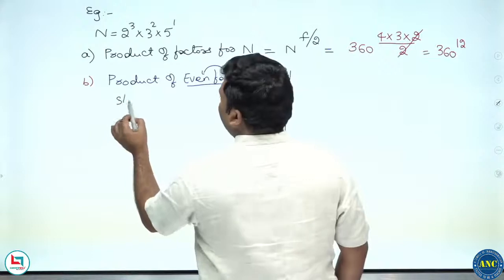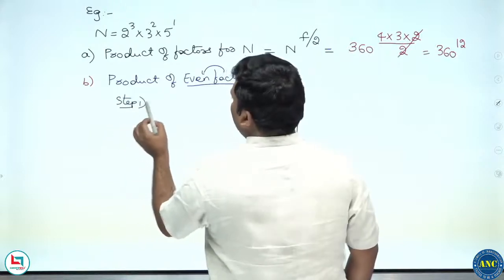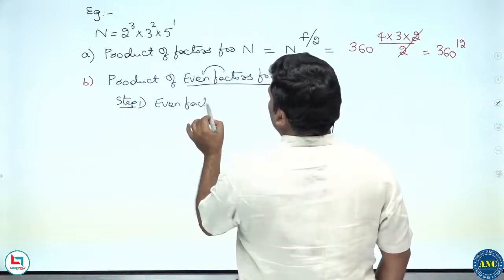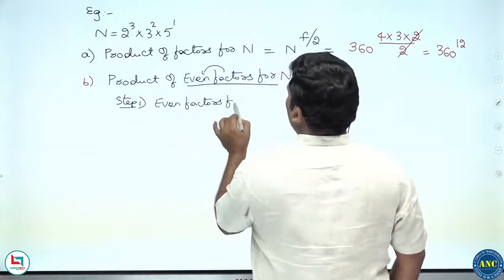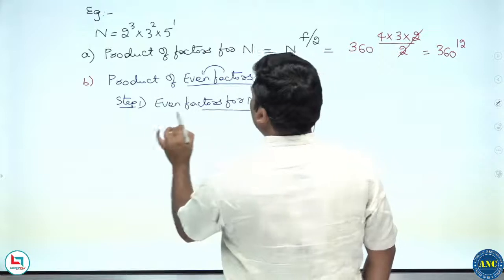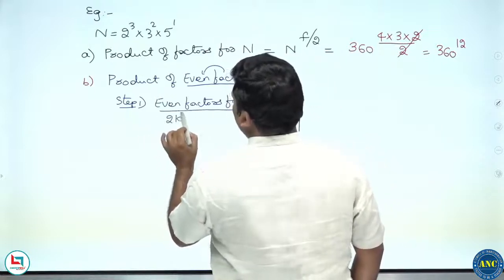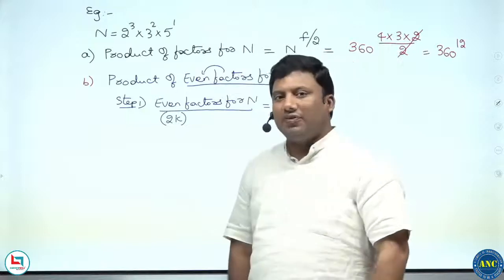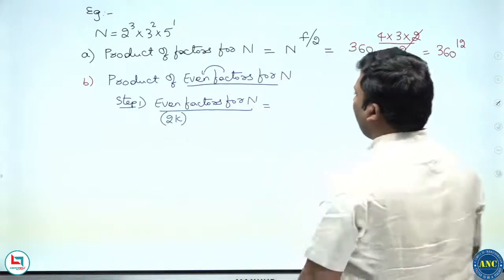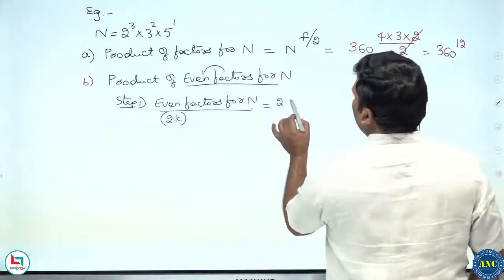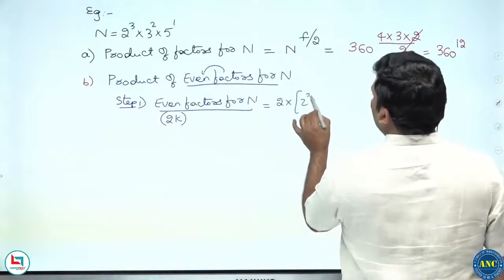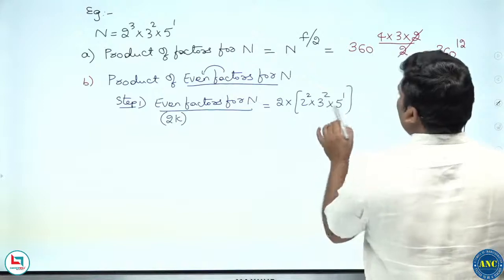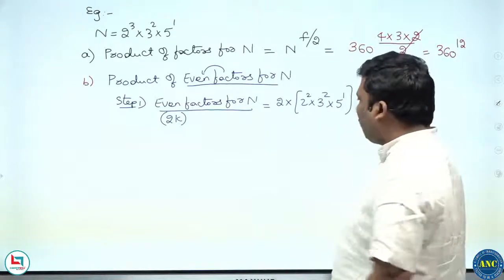Step number 1. Even factors for n. What do you mean by an even factor? A factor which is perfectly divisible by 2. So 2 into, what is remaining? 2 square into 3 square into 5 power 1.